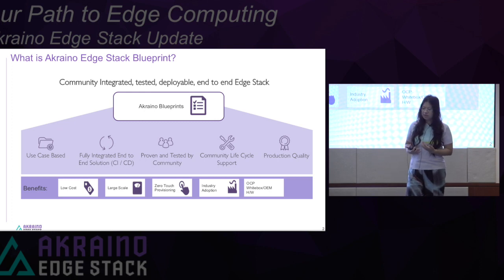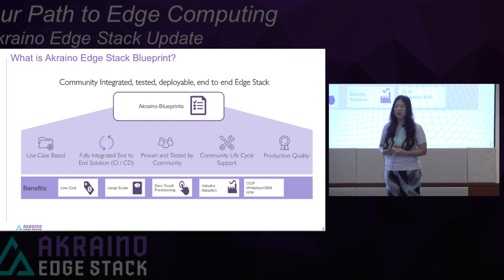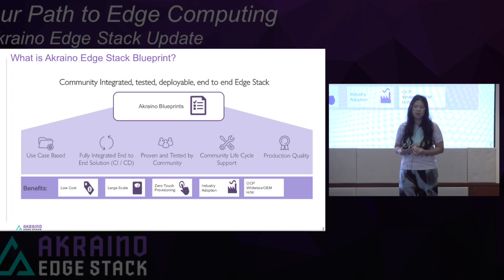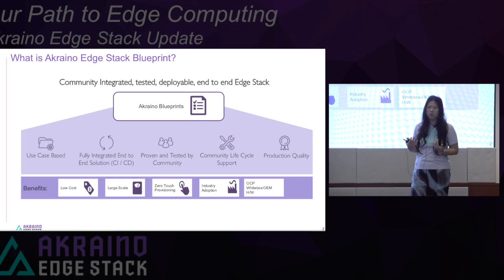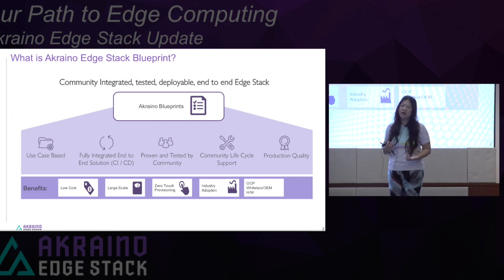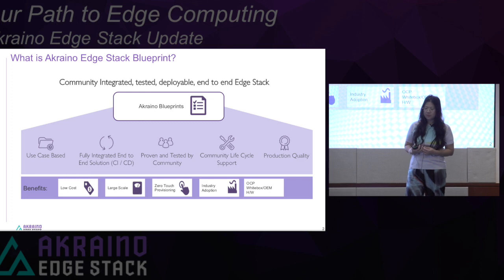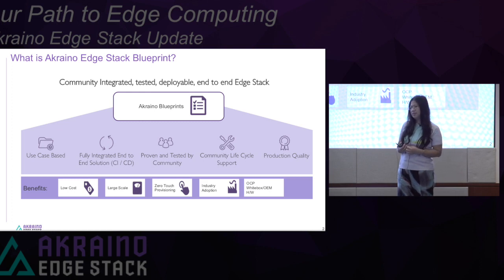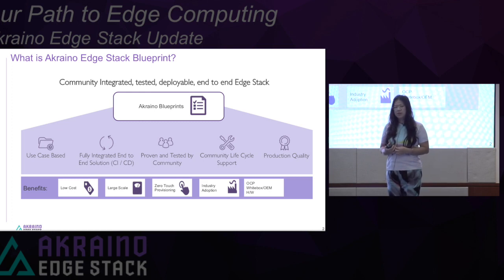And also zero-touch provisioning, we have cloud automation. We have all kinds of automation working. We use ONAP as an orchestrator, and there are other flavors of orchestrators. Importantly, there is industry adoption, because a lot of end users participate from the user point of view.